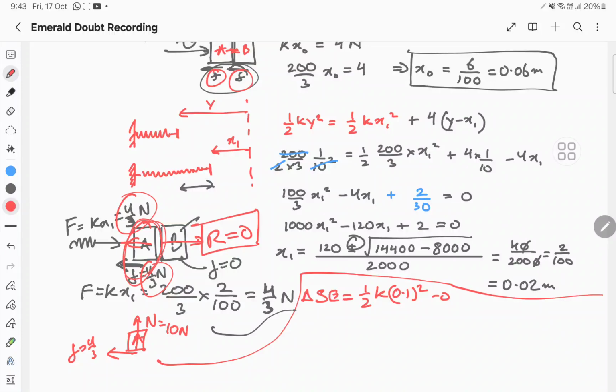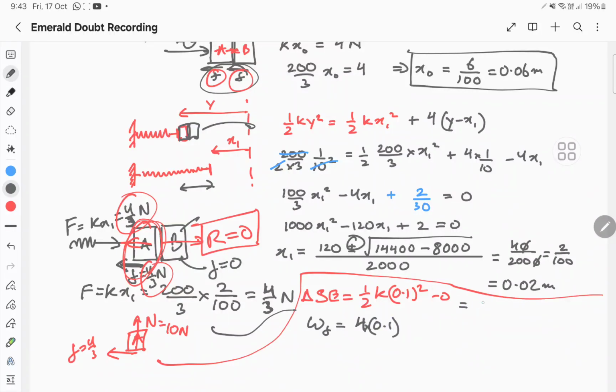The work done from this totally compressed position coming to the unstretched position, how much will be the work done by the friction? So work done by friction is going to be 4, assuming it is going the whole way, and then we are just going to compare whether the spring energy was more or not. 4 into the y, which is equal to 0.1.